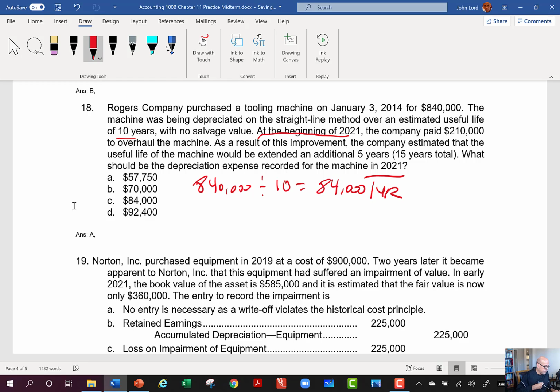Okay, and they depreciated it from what? 2014 all the way to 2021. Okay, so they depreciated for all of 14, all of 15, all of 16, all of 17, all of 18, all of 19, all of 20 before they started overhauling the engine or whatever, right? So they had depreciated at that point $84,000 a year for what? For 7 years.